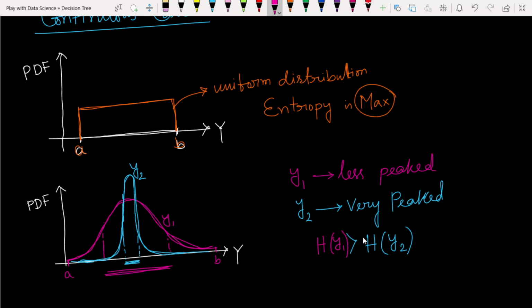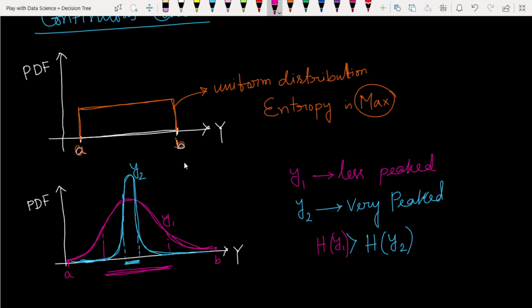I think you have understood this. Because y1 is the less peaked one, its chances of occurrence are spread out, and y2 is the more peaked one, where we give more importance to a smaller number of points.